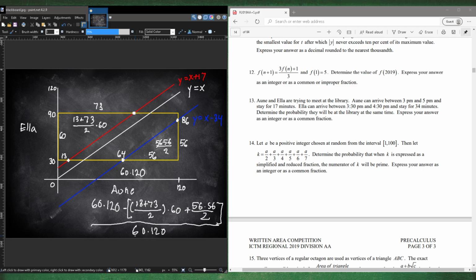Add those two together, and you should get the area of this and this added together is 4148. And then you should have 60 times 120 minus 4148 divided by 60 times 120. And you should get a value that's 763 over 1800. And that's your answer for number 13.